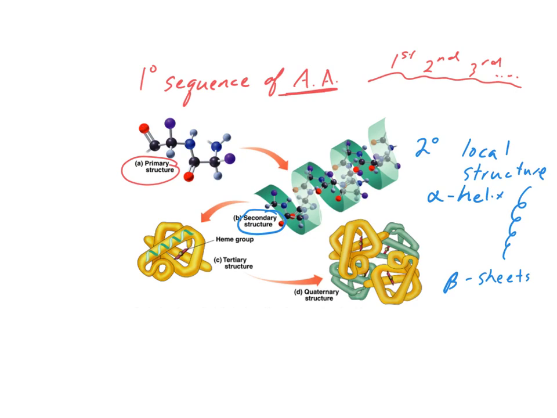All right, the third one, and we'll look at this in a little more detail in a minute, is the tertiary structure, which looks at the way the protein folds overall. So the way this group folds. And if you can see, this green line right here on the inside is trying to tell you, well, maybe this strand here is an alpha helix. All right, so we have an alpha helix in this part. But then over here we may have some beta sheets, and here's some more alpha helix.